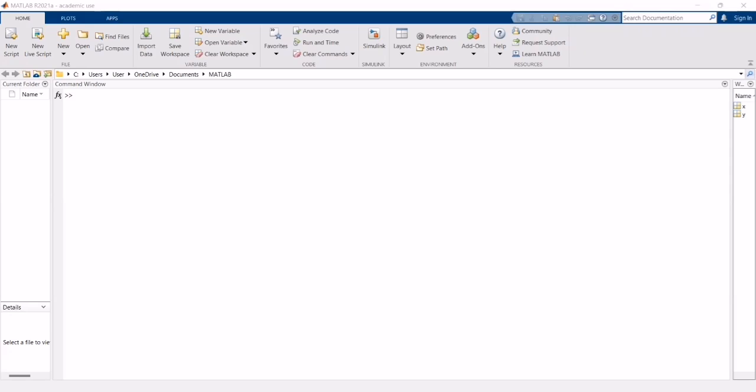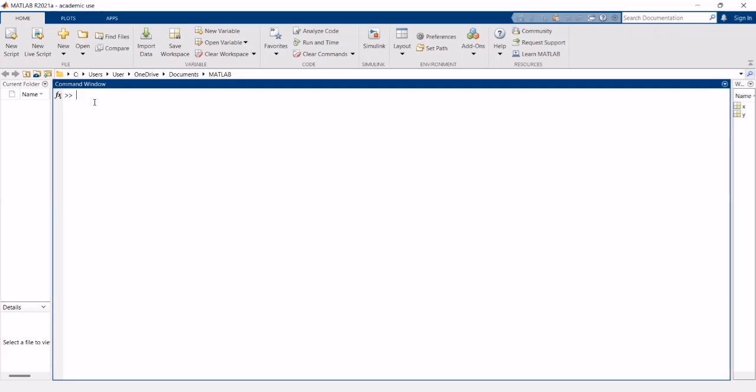So we go to the first question, which is plot a graph of the voltage versus time. First we have to create the scale for x. We put 0, 1, 10.